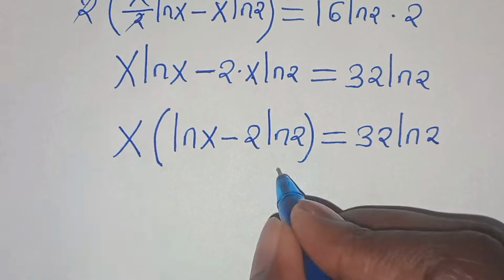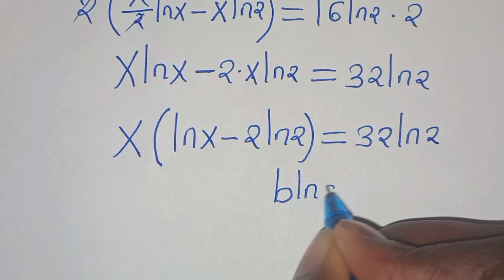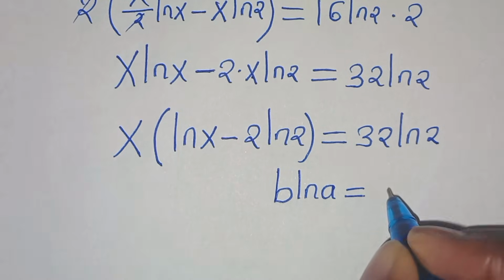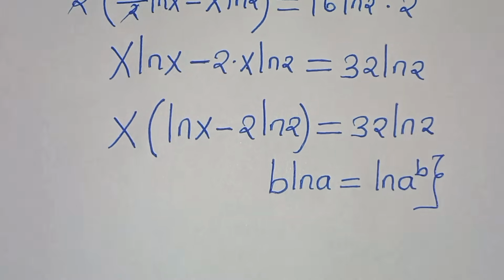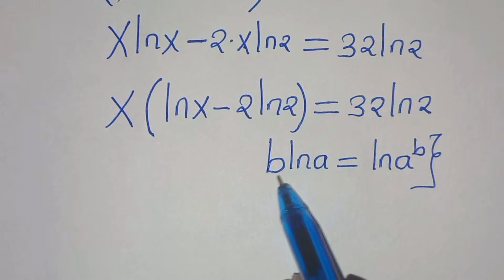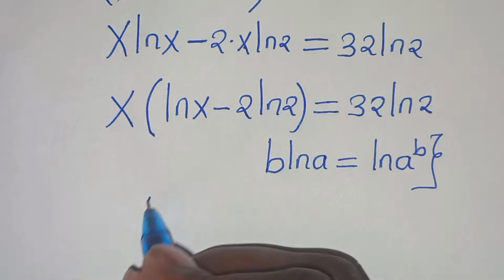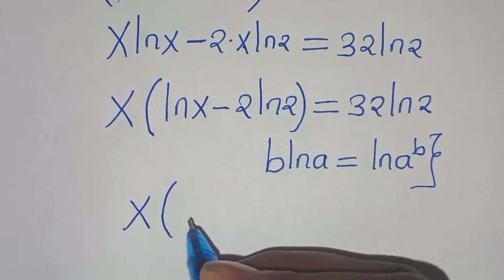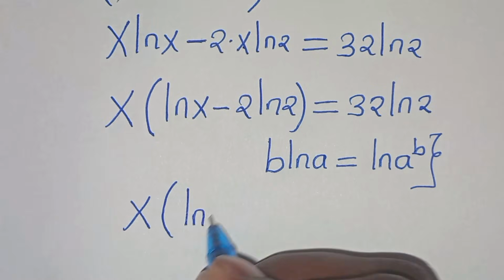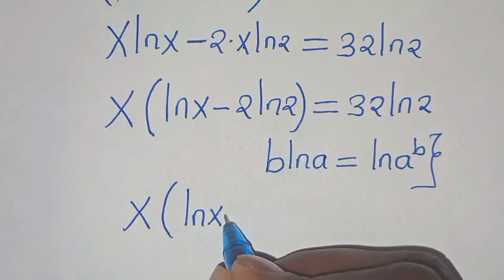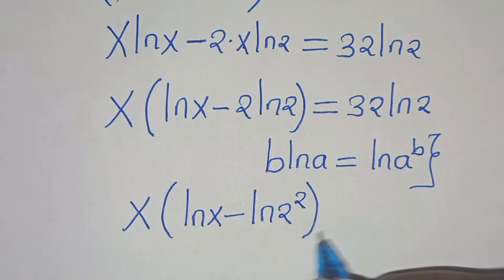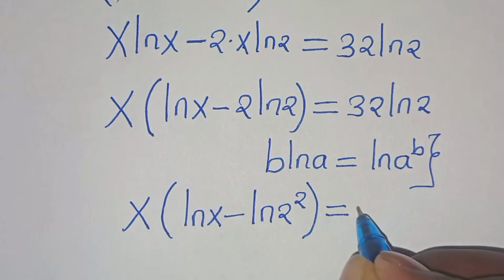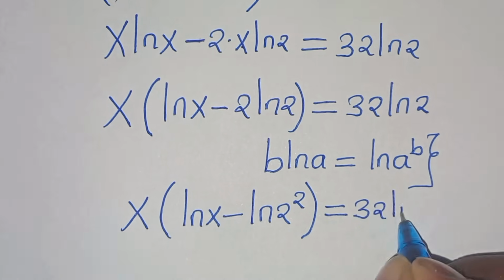This is in the form of b ln of a, which can be expressed as ln of a to the power of b. Now let's apply this property so that now we have x into the parentheses. This is ln of x minus ln of 2 to the power of 2. Close the parentheses. This is equal to 32 ln of 2.